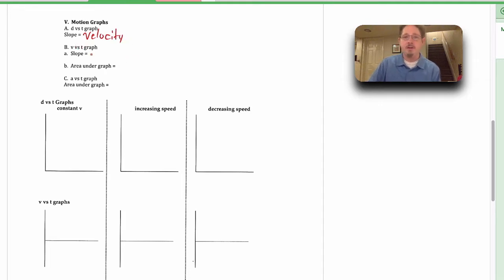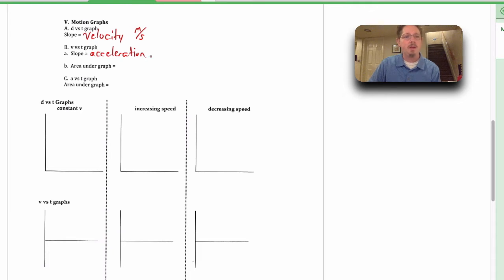What if I have a velocity versus time graph? The slope of that graph will be acceleration. And what's going on with these is, if I have a displacement time graph, displacement is in meters, time is in seconds. If I take the slope, I'm taking meters over seconds, change in y over change in x.